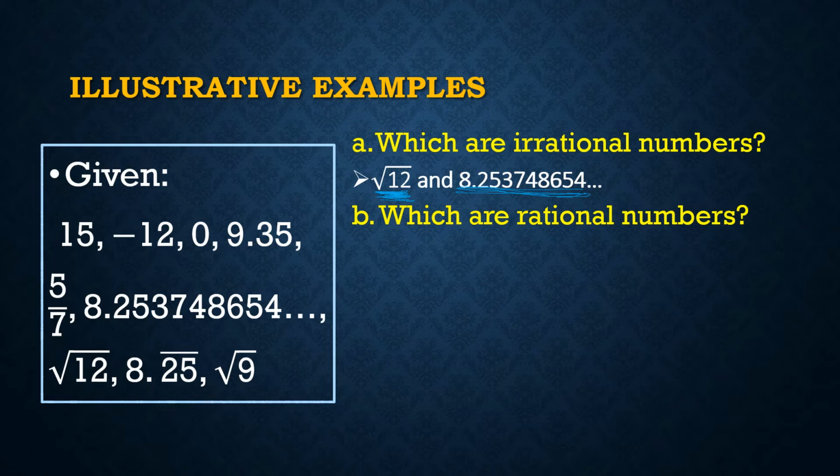Of course, when we remove these two, the remaining are 15, negative 12, 0, 9.35, 5/7, 8.25 with a bar, and square root of 9.